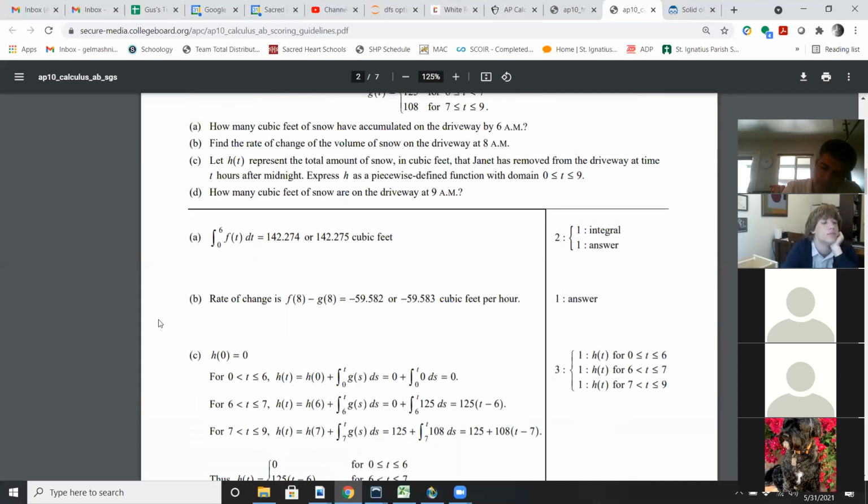I'll probably do some stuff with volume as well as some of the other topics, maybe a trapezoidal sum, L'Hopital's rule, related rates, linearization, and probably optimization.